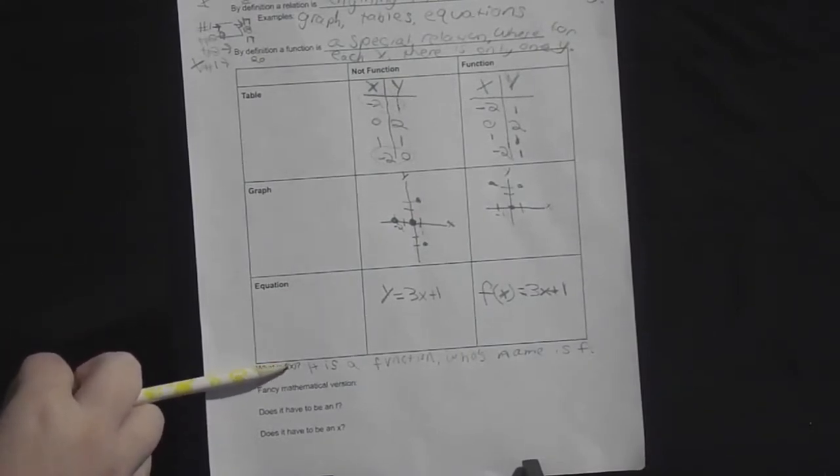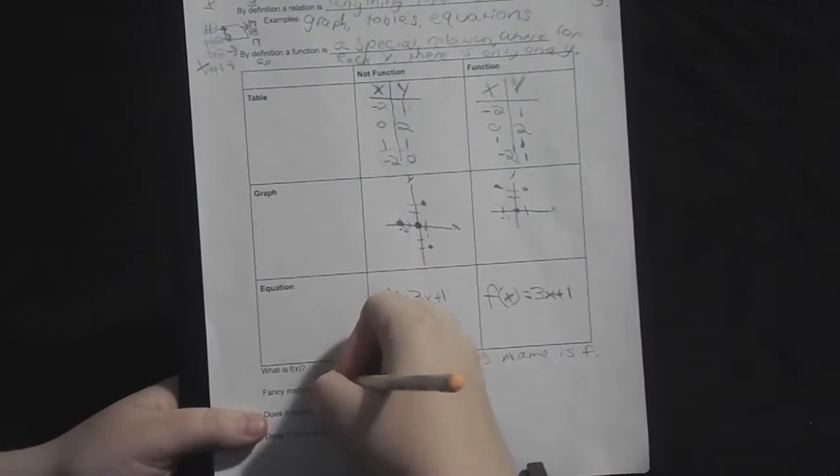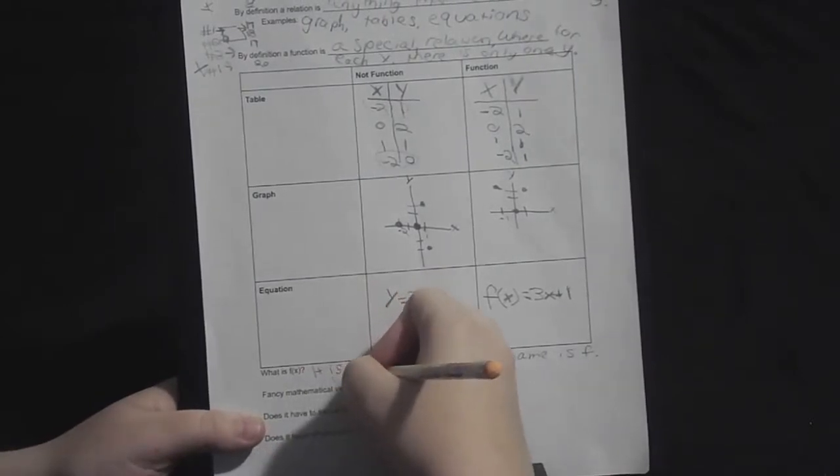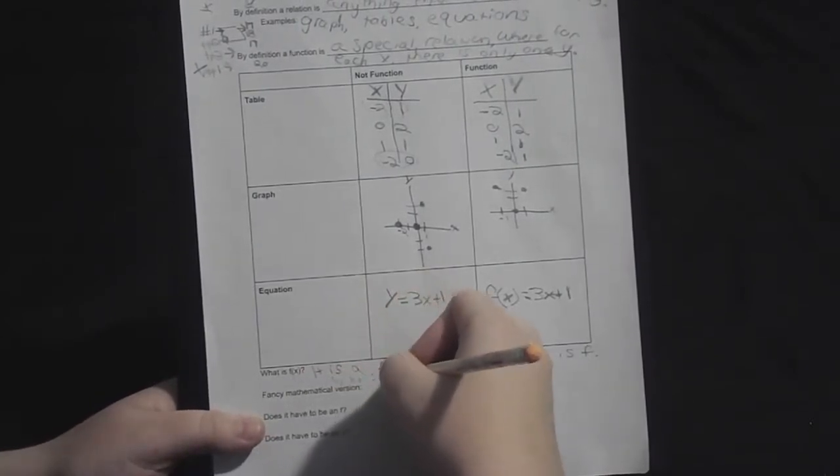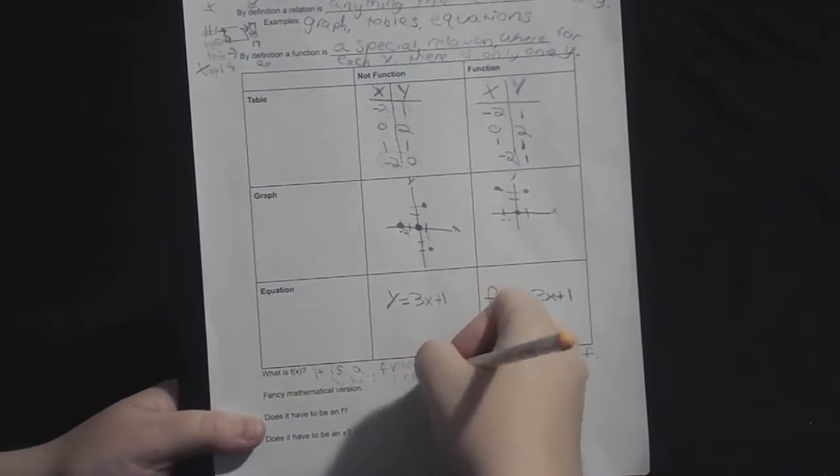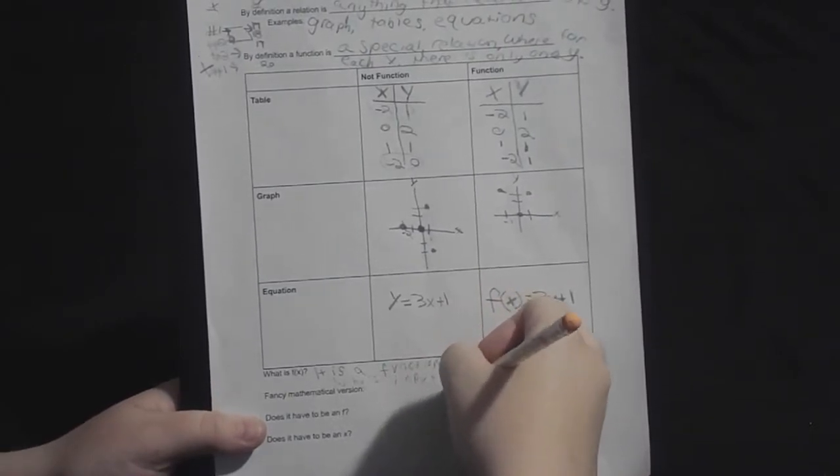Okay, so then what's the x? The x is what we're plugging into the function. The x is the input. So we say whose input is x. Right?